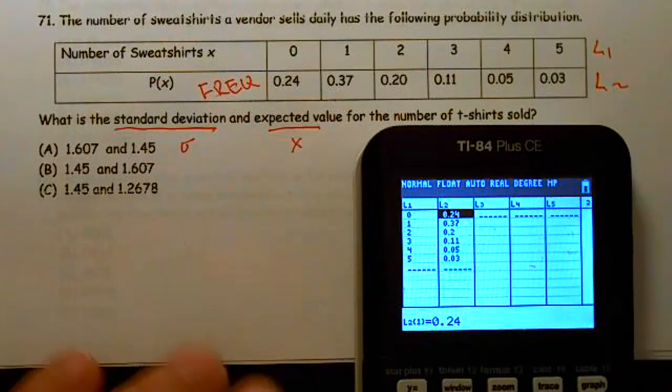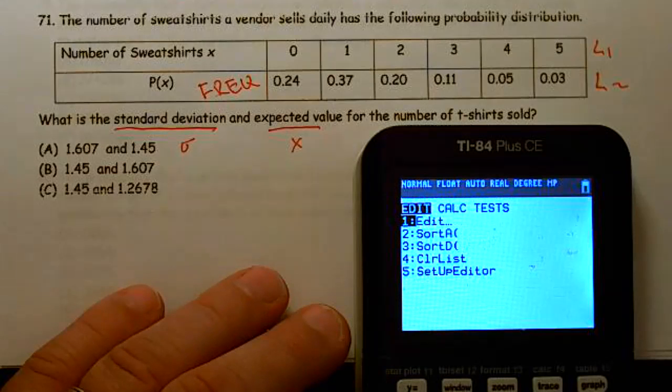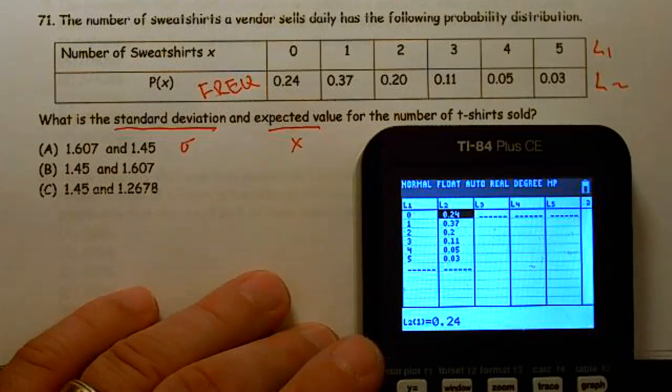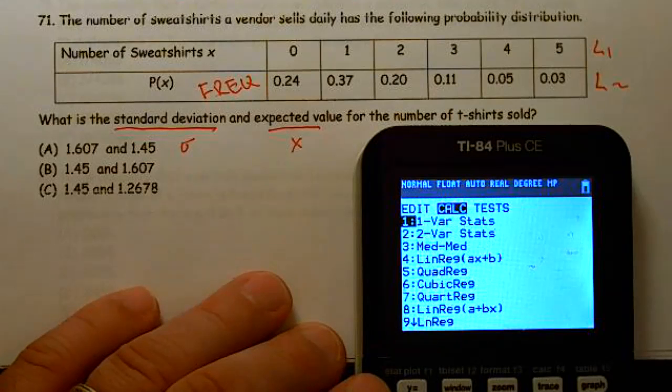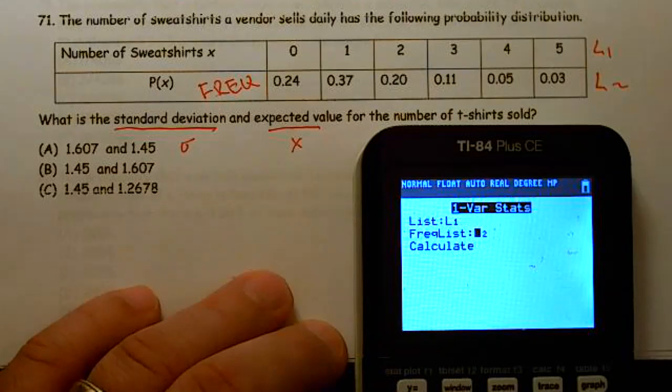All right, I've entered the data. I'm going to go Stat. Here, you know what? I'm back up. Stat Edit. I have the data entered. I go Stat, arrow over to Calc, One-Var Stats, second 1 for my X list, and then my frequency list is second 2.